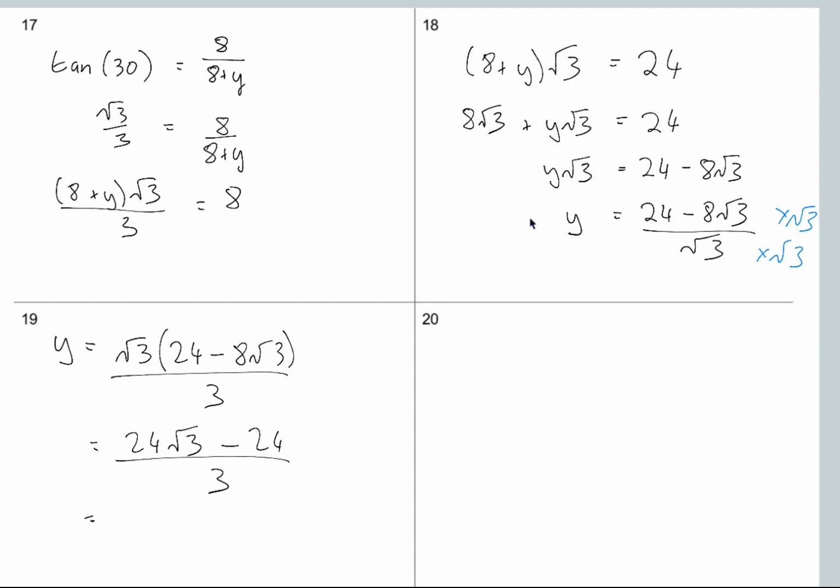I can see there's a denominator of 3, and I know that 3 goes into 24, right? So I'm going to take out a common factor of 3 up the top there to get 8 root 3 minus 8 all over 3. And then that will give me 8 root 3 minus 8. You could take out the common factor of 8 if you wanted, to get 8 outside of root 3 minus 1, if that floats your boat.